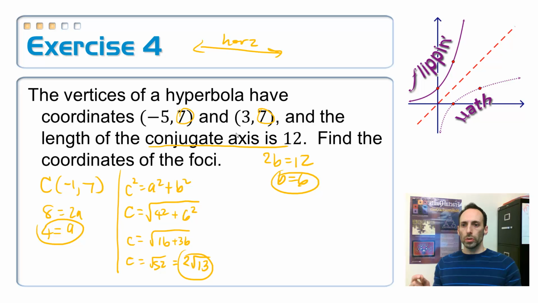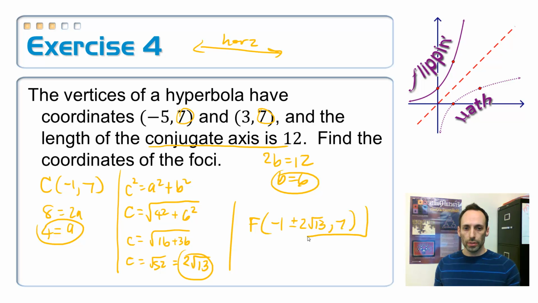And that means I'm going to be adding my c value to the x-coordinate of the center point. So the foci are at -1, that's where I'm going to start, and then I'm going to add and subtract 2 square root 13, and the 7 is going to stay the same. So here are the coordinates of my two foci.